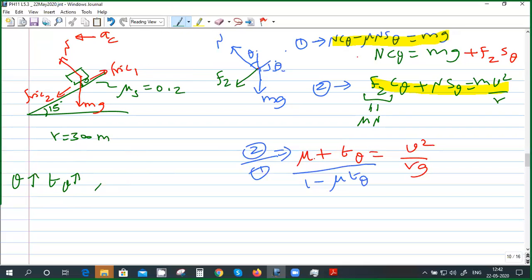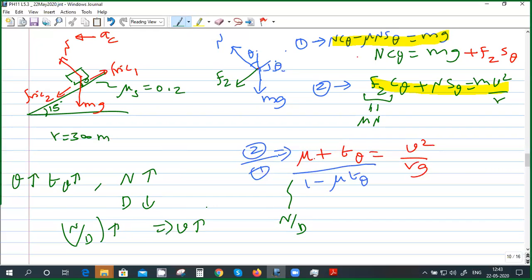If you consider this as numerator by denominator, will the numerator increase or decrease? Increase. Will the denominator increase or decrease? Decrease. So numerator by denominator will increase, right?